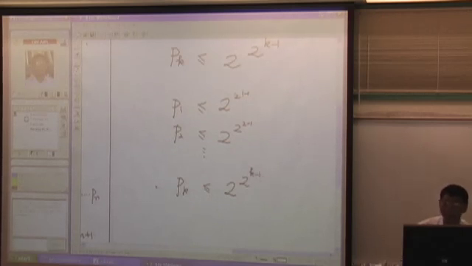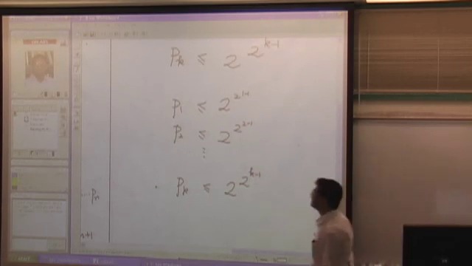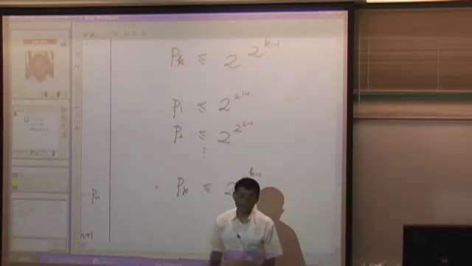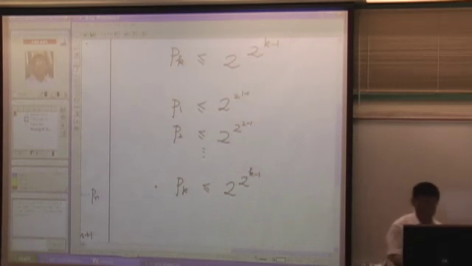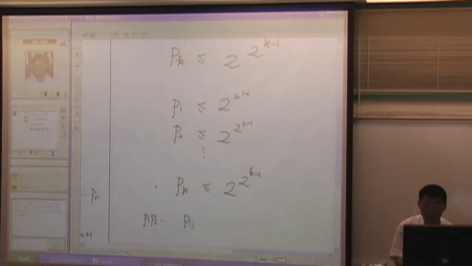Then multiply everything. If we multiply everything, what happens? P1, P2, through Pk is less than or equal to 2 to the power of 2 to the power of 0, 2 to the power of 1, 2 to the power of 2, up to 2 to the power of k minus 1.